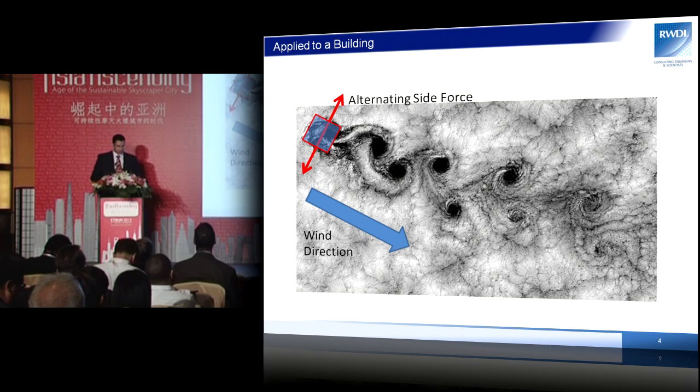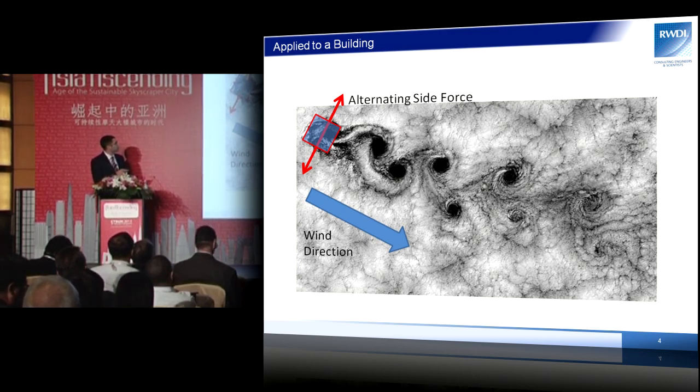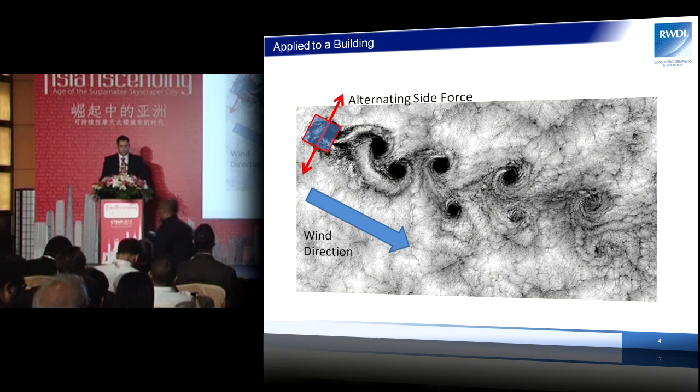And it's the formation of those vortices that creates an alternating side force. So we have a side force that goes back and forth and affects the building, and if the conditions are right, the building will vibrate in resonance.